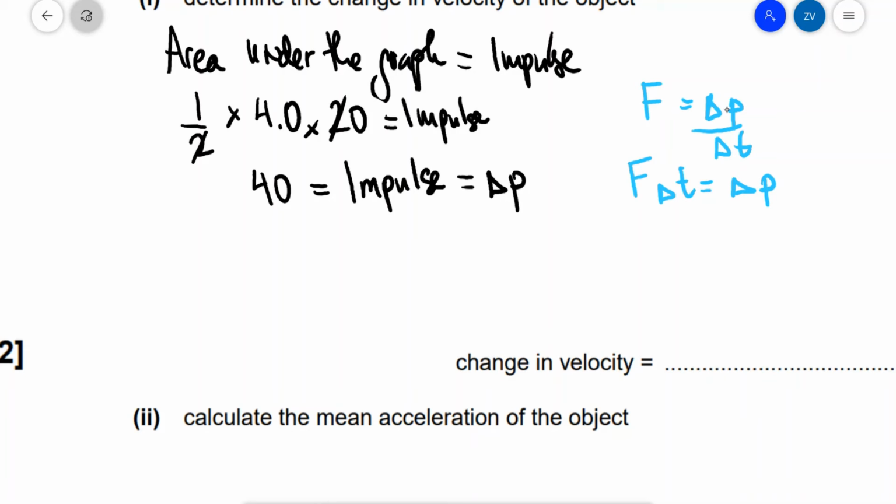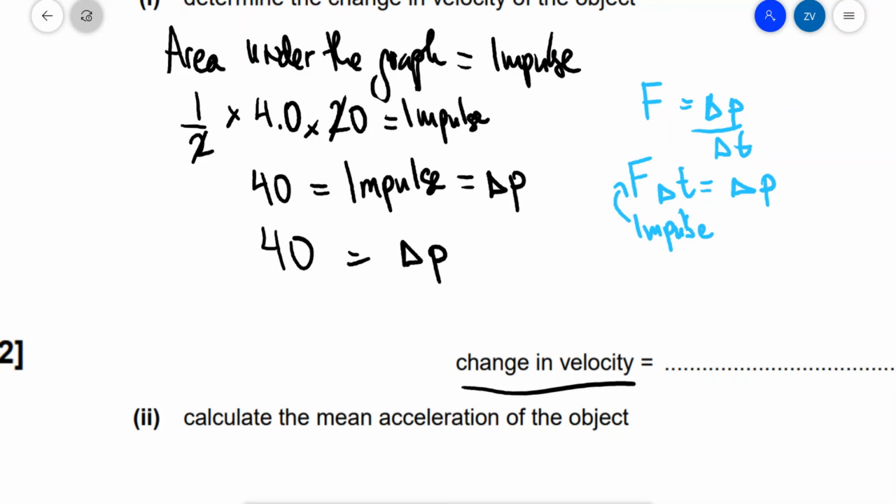This quantity over here on the left, that is our impulse. So the impulse is just here. This is equal to the change of momentum. So 40 will be equal to our change of momentum. What we need to find out though is the change in velocity in this question.